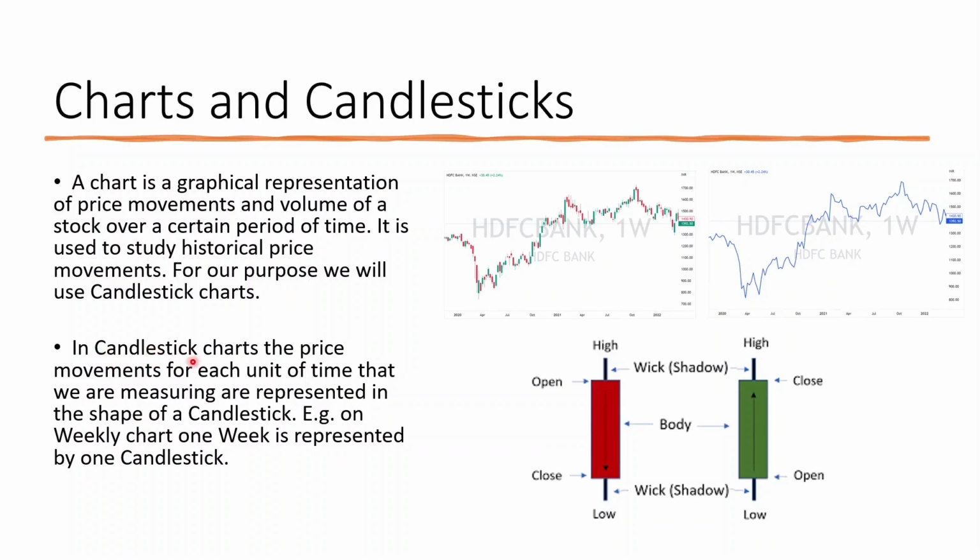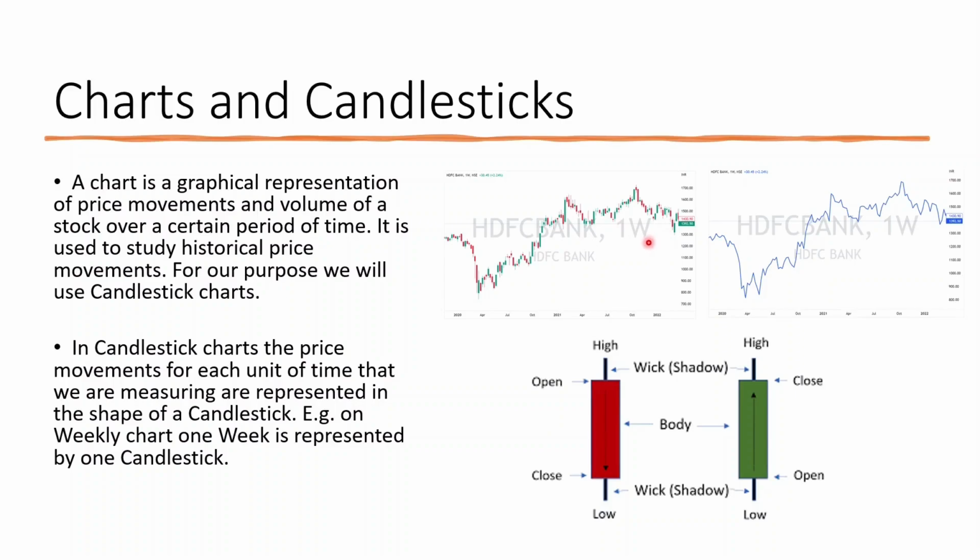In candlestick charts, the price movements for each unit of time that we are measuring are represented in the shape of a candlestick. Example, on the weekly chart, 1 week is represented as one candlestick. So this is a weekly chart, and each candlestick over here represents 1 week of price action.